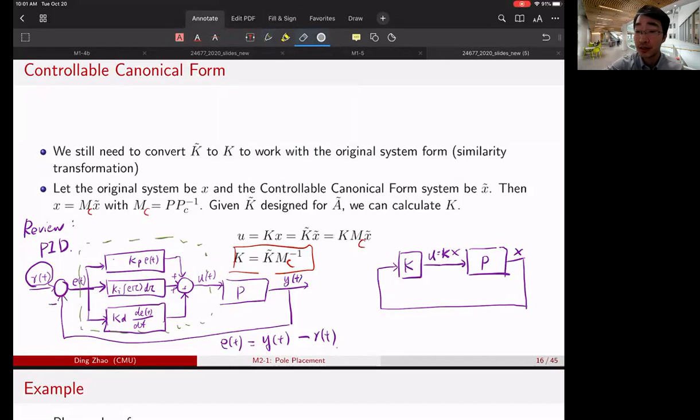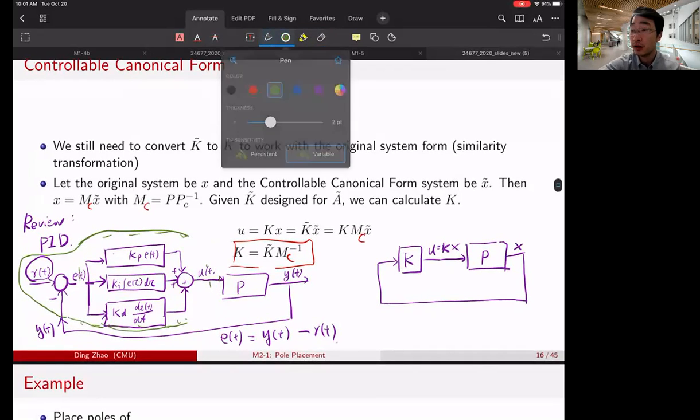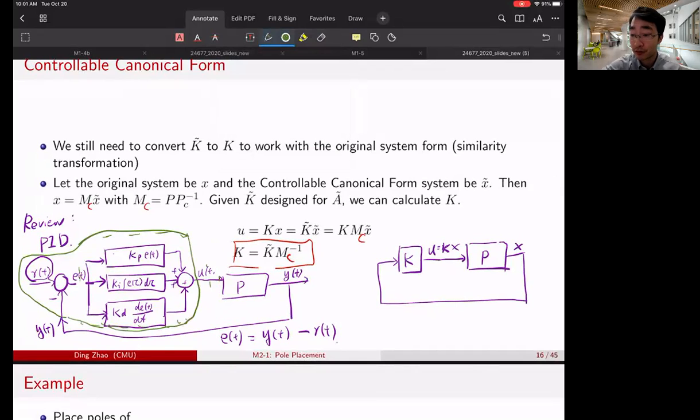Actually, I should say this r is also inside the controller, because that's how we compute things. So this is our controller. We use sensors: the input is y, the output is u. The output is u, so u is our command, and the input is y, which comes from some sensors. Then we give the command to some actuators.